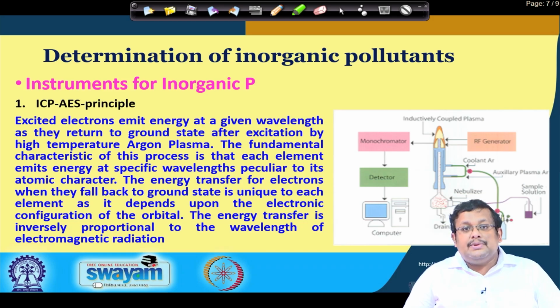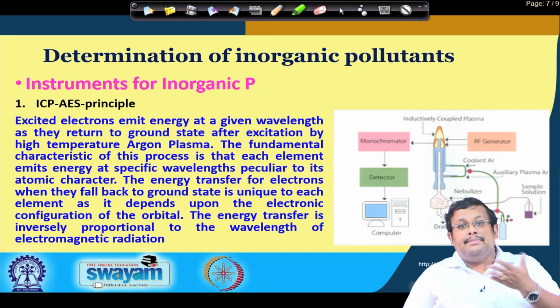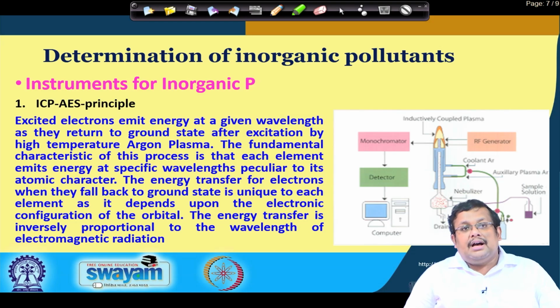So, the energy transfer is less if the wavelength is high and vice versa. So, this is basically the principle of ICP-AES on which it works.